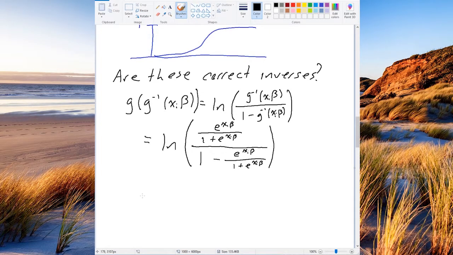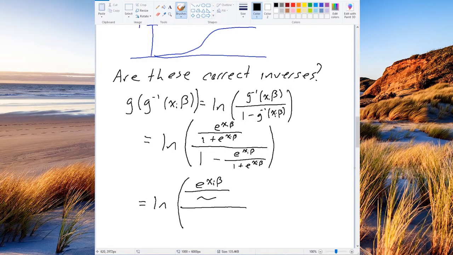Well, I can simplify this down. How do I do that? I've got e to the xi beta over, I'm going to call this squiggle for a second, and you'll see why soon. Now, if I take the denominator here, I've got 1 minus this fraction.